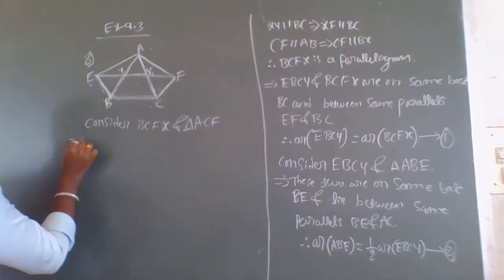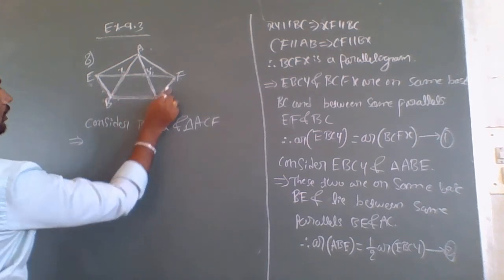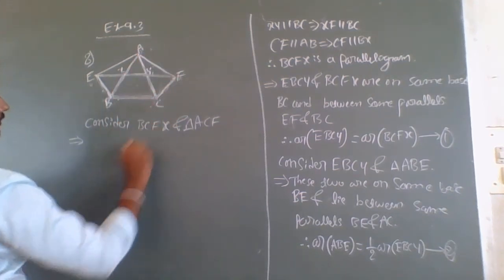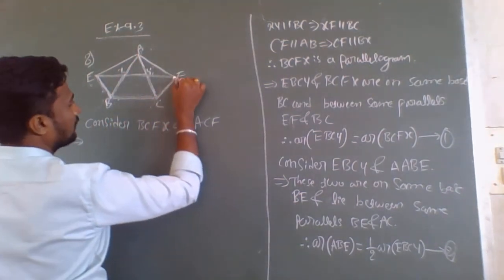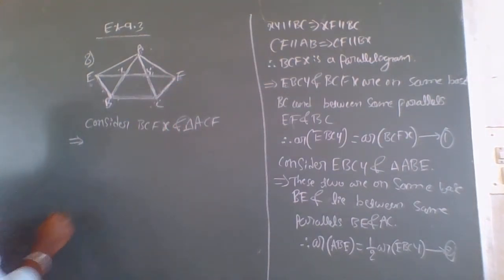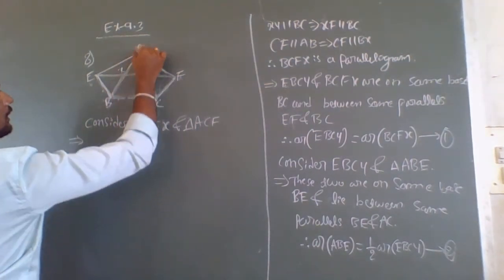Now here you can see this parallelogram and this triangle ACF are on the same base CF and between the same parallels CF and AB.